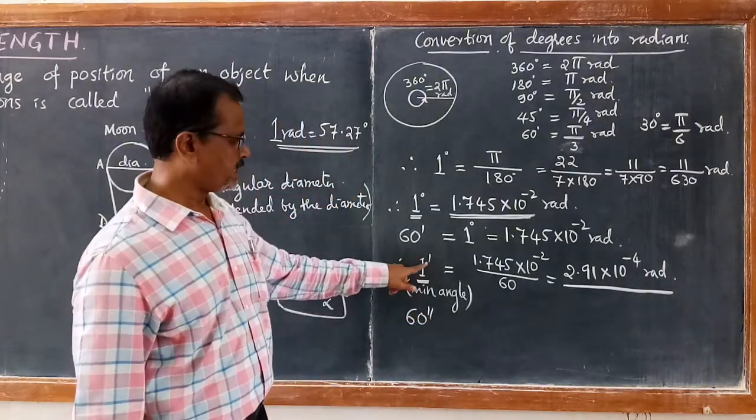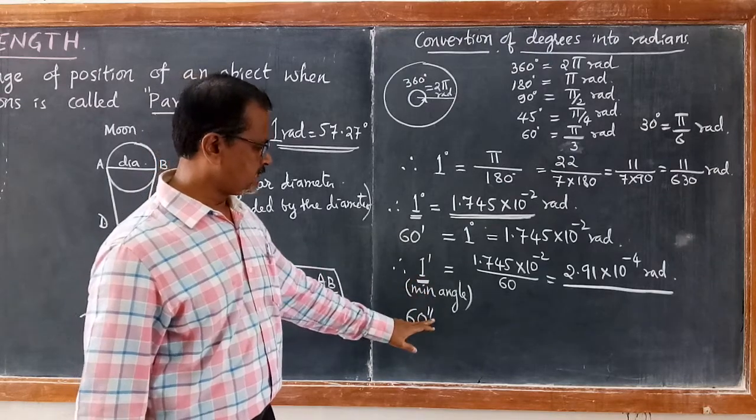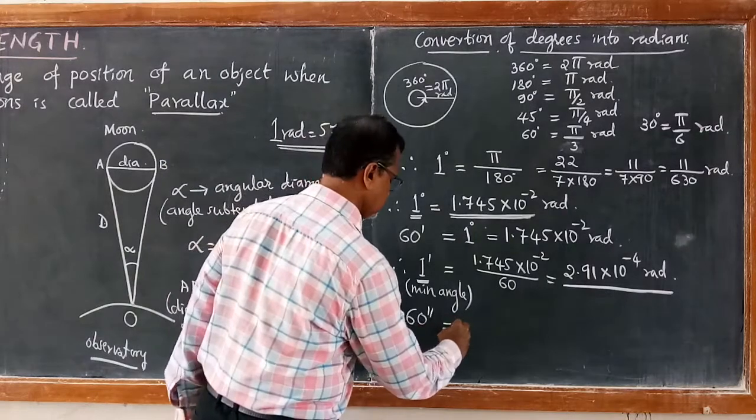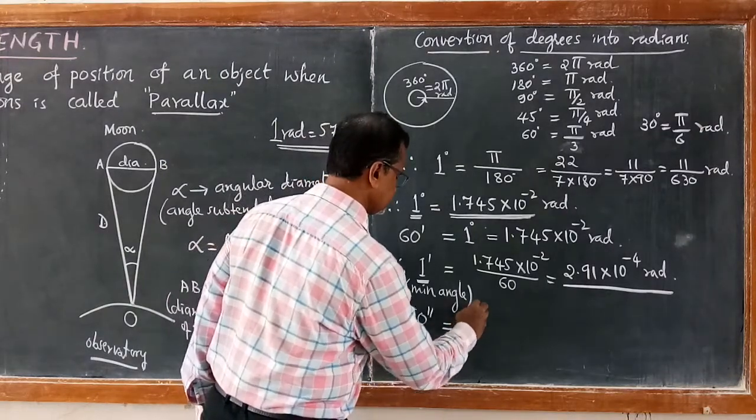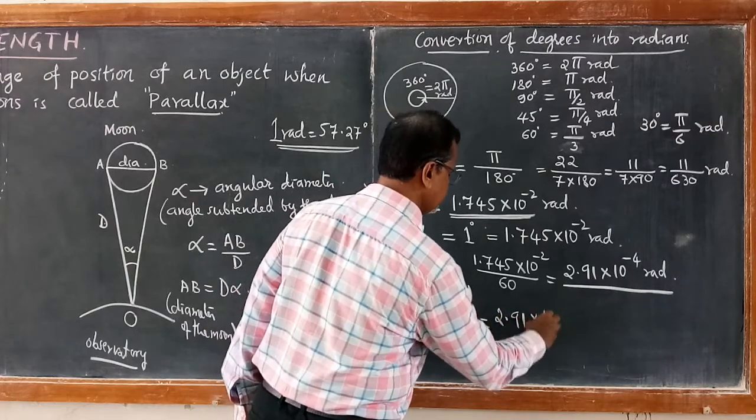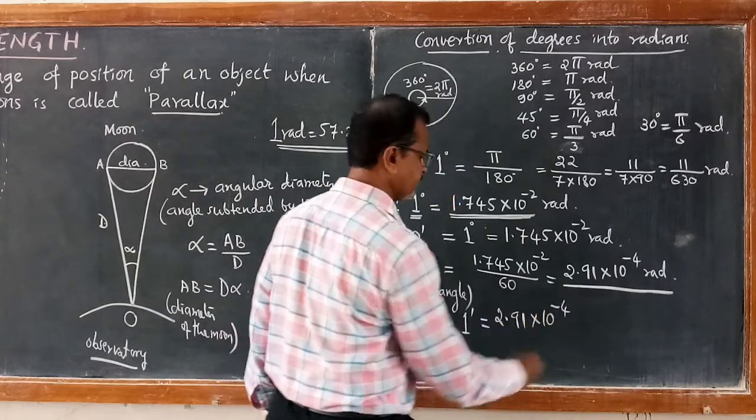One line is minute, double line is seconds. So for 1 minute angle we got 2.91 into 10 raised to minus 4 radians.